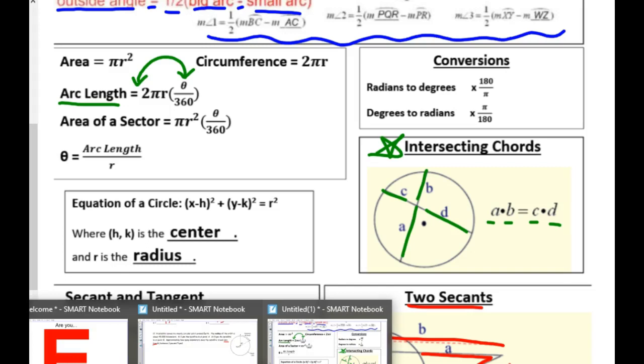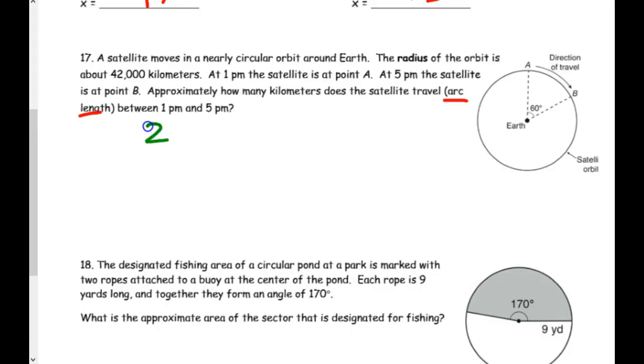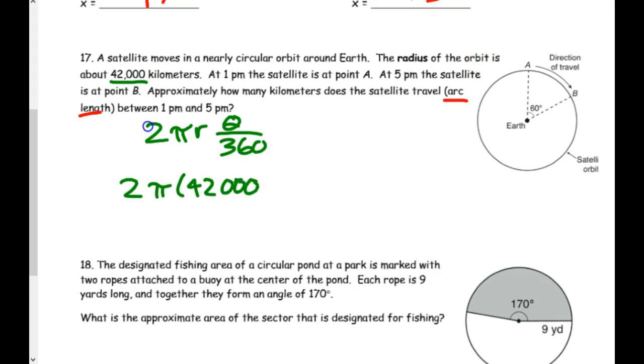Let's do that. So what's the radius? It told us in the problem. So 2 times pi times 42,000. Parentheses, and in theta over 360, I see theta over here is 60 over 360.